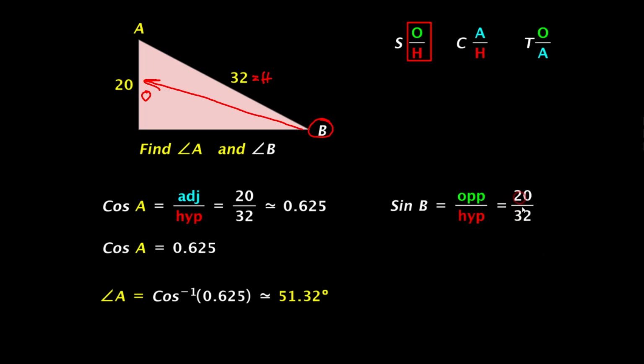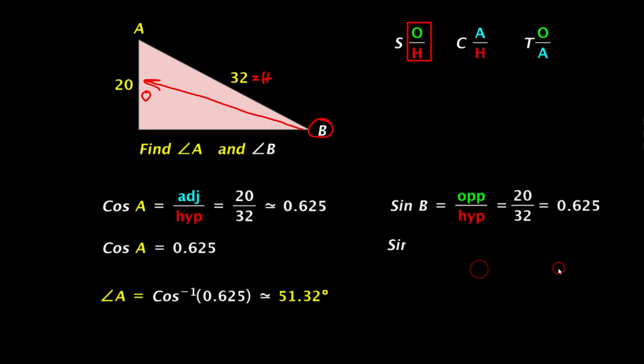Don't get confused. When we worked with the cosine, adjacent was 20, right? And hypotenuse was 32. That's with respect to angle A. With respect to angle B, opposite is 20. It doesn't matter, because they switch. So the opposite is 20 and the hypotenuse is 32, and we know the decimal value of 20 over 32 from the left side is 0.625.